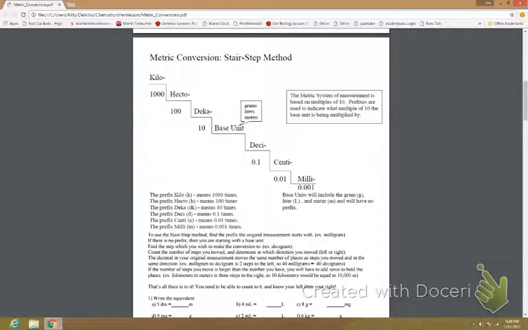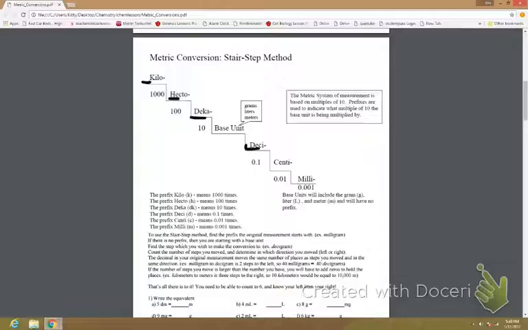Now, if you look at the way that the stairs are set up, you'll notice that kilo begins with a K, then hecto is an H, deca is a D, and then you've got your units, like your grams, your liters, and meters that you're trying to convert between. Then you've got deci, centi, and milli.